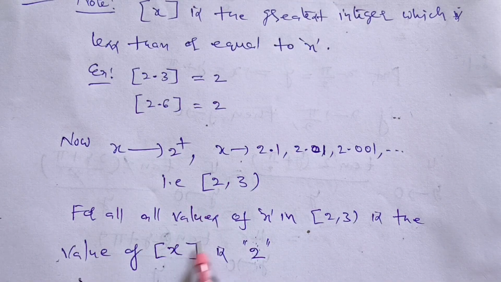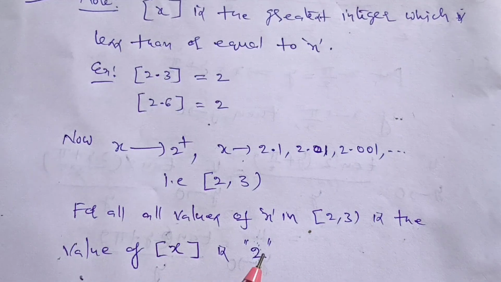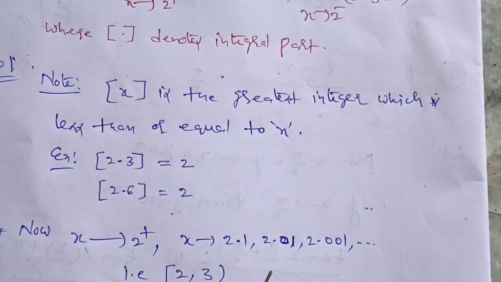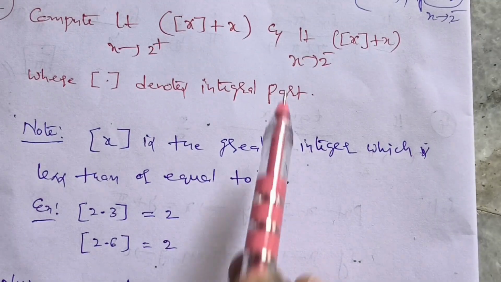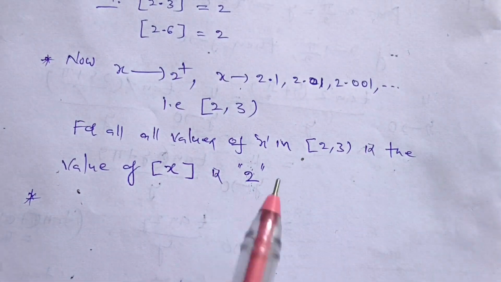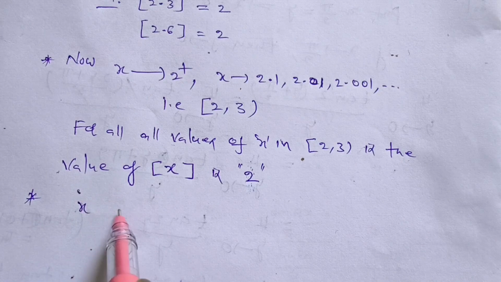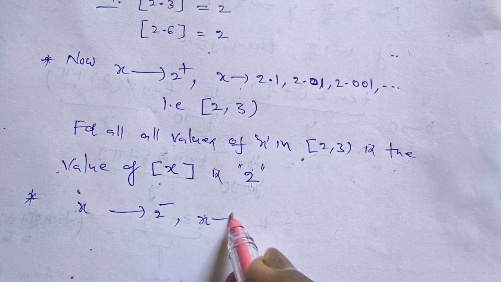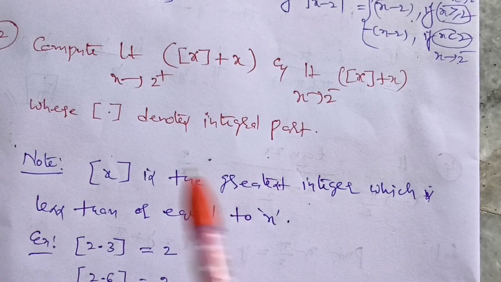So this is the value if x tends to 2 plus by the definition of integral part. Now the other condition is x tends to 2 minus. x tends to 2 minus means x approaches values less than 2.